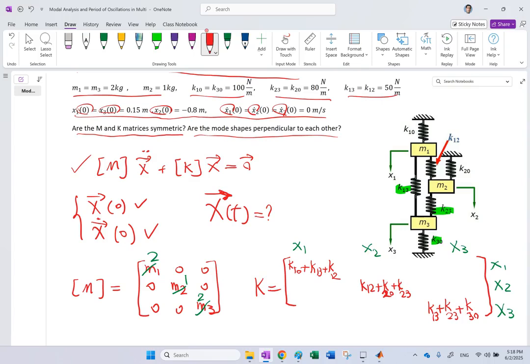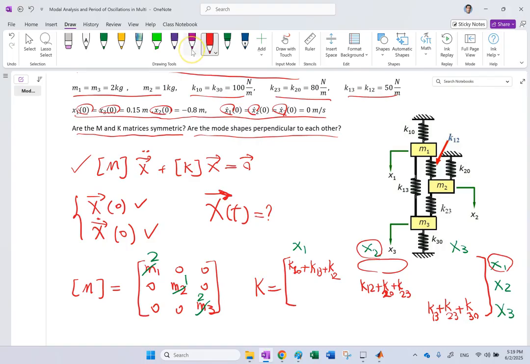Good. Now we are going to look at the off-diagonal elements. The off-diagonals are going to be negative. For instance, if you look at this one here, this is something between motion x2 and motion x1. So between masses m1 and m2.